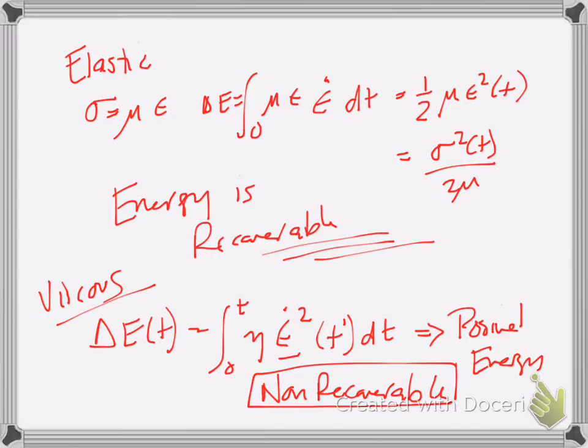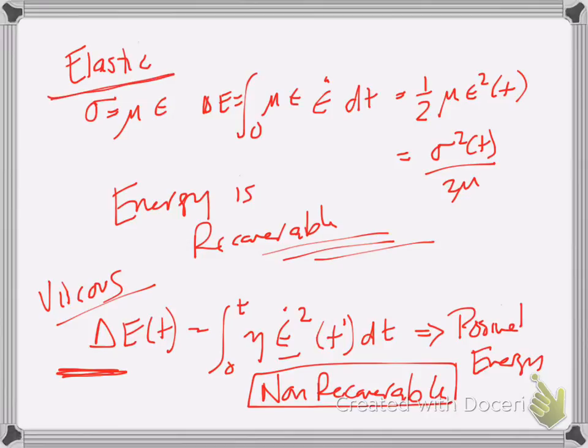And in the notes, I go over the process of harmonic loading, and you can actually figure out the energy loss because of the viscous part of harmonic loading, even if mostly that harmonic loading is elastic.